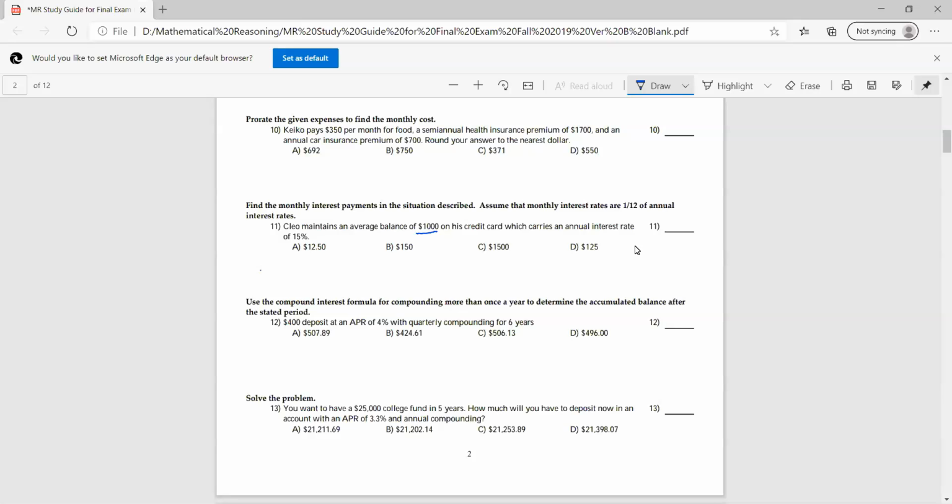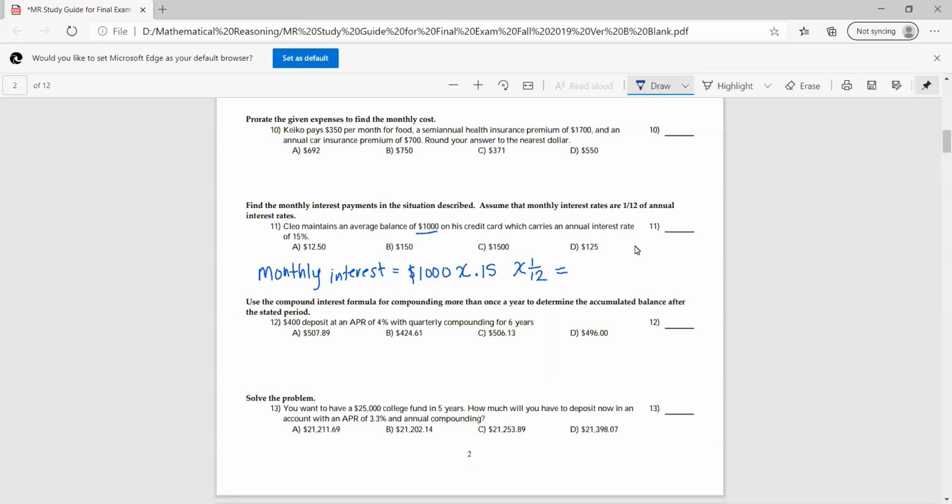So to do this problem, you're going to calculate the monthly interest by taking your amount that you started out with, your principal, and you're going to multiply that by 15% times 1/12. And the reason that you're multiplying by 1/12 is we're doing this per month, and there are 12 months in the year.